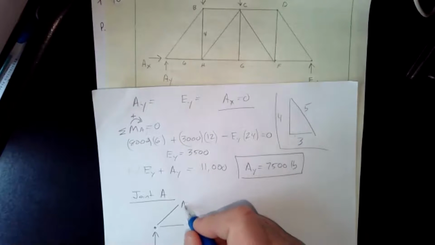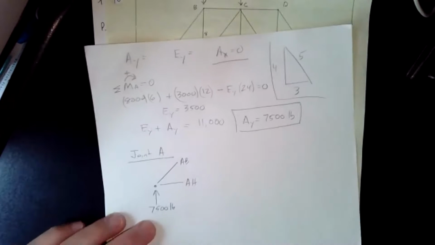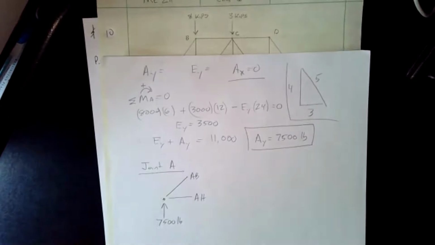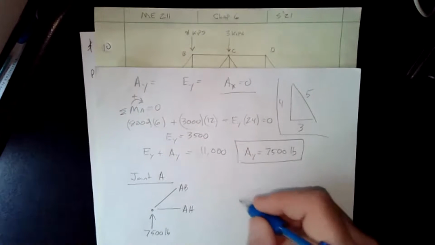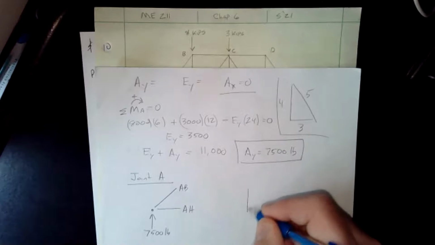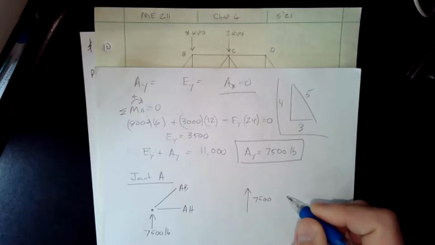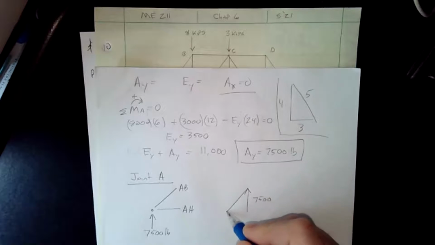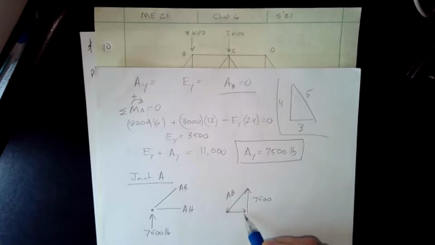If we make them into a triangle, then we can draw them just like this. We know that this is going to be a 7,500, this is going to be the AB, and this is going to be the AH.